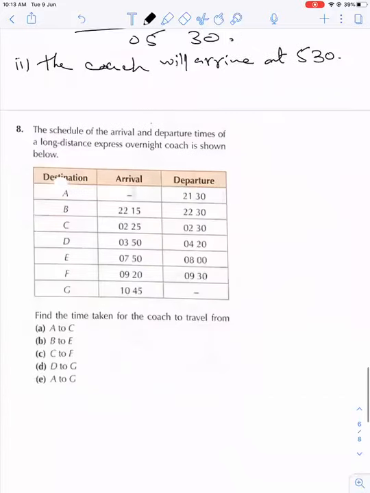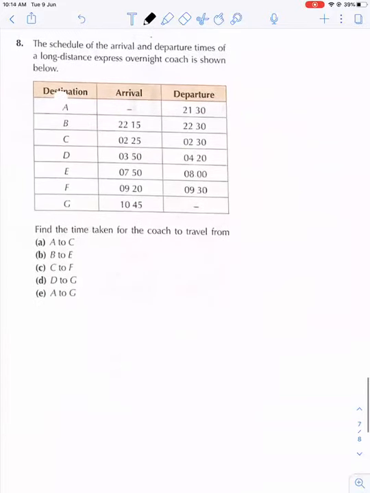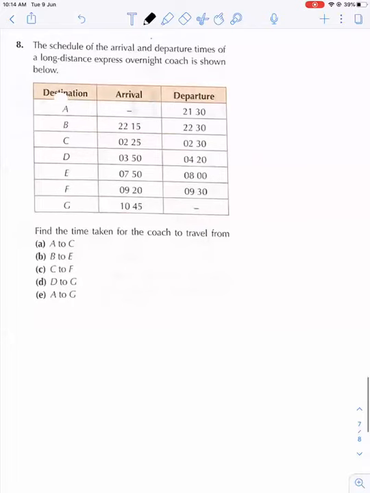Okay, now this is another question where you're supposed to find out the journey times. I'm just going to do 2 parts out of this. The schedule of the arrival and departure time of a long distance express overnight coach is shown below. If you notice the table, they're giving you the departure time 21:30 from town A, and it arrived at town B at 22:15.